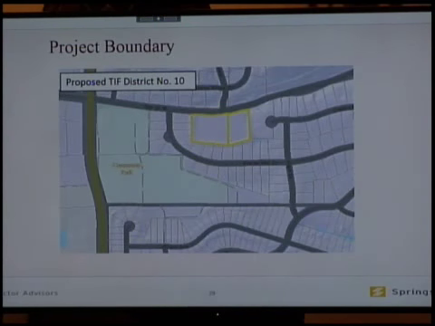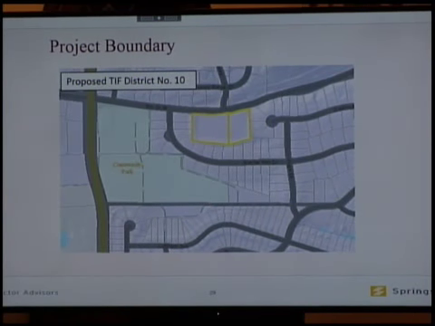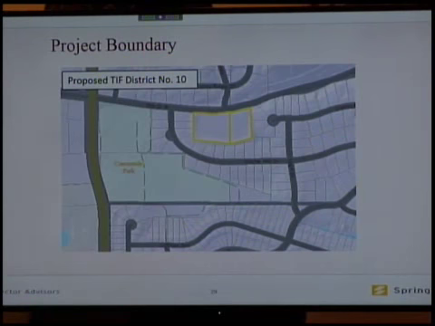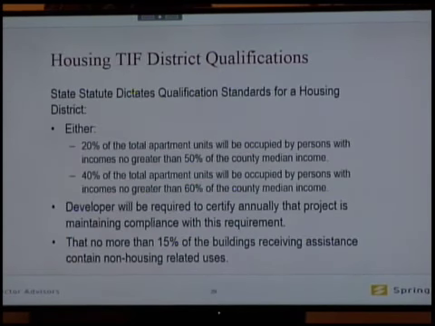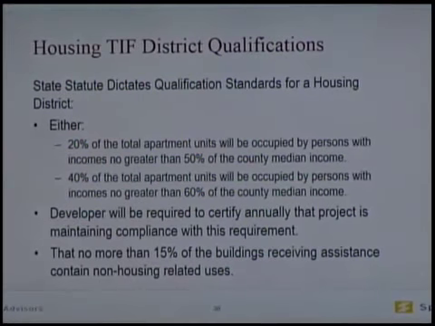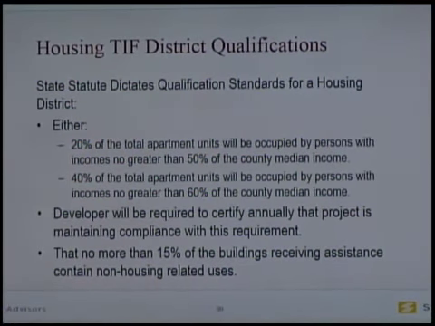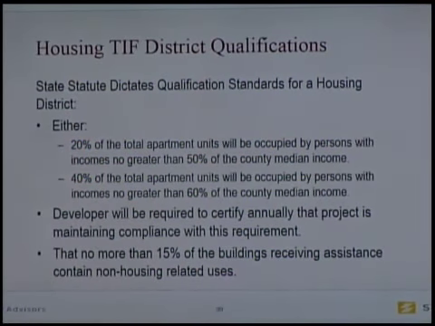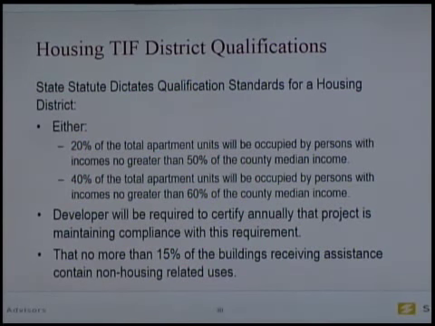This is the project boundary at 6th and Lylewood Parkway. And these are the housing TIF district qualifications. So the housing TIF district is one of those 5 districts that I described earlier on. The primary qualification for a housing TIF district is the type of project that will go in the district.